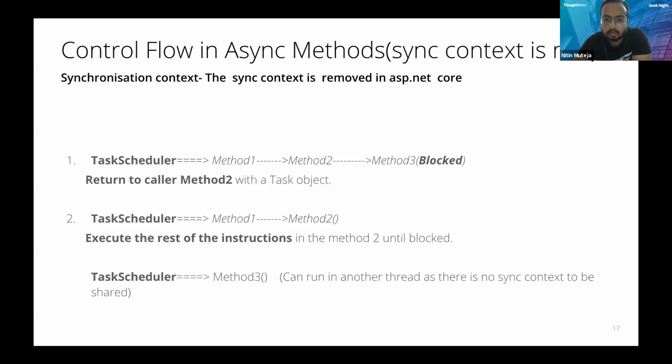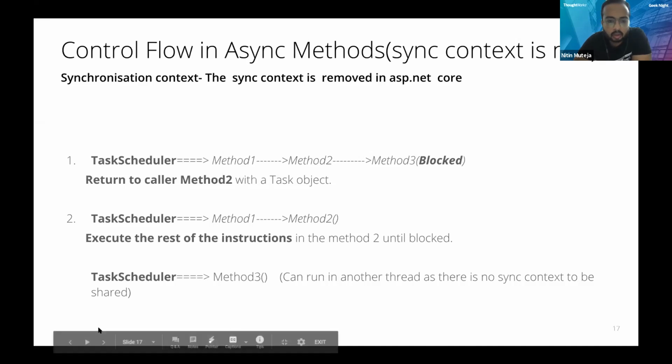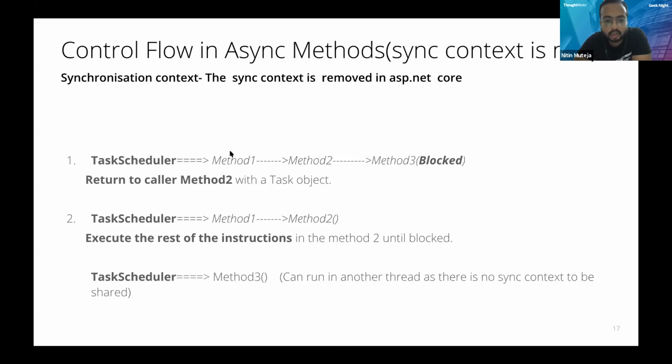I think there was a synchronization context available in ASP.NET applications, so Microsoft decided to remove it from ASP.NET Core. A task scheduler has scheduled execution of method 1. Method 1 is now invoking method 2, and method 2 is now invoking method 3. Let's say method 3 got blocked.